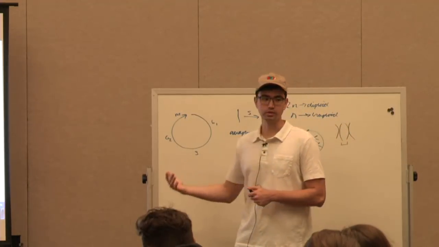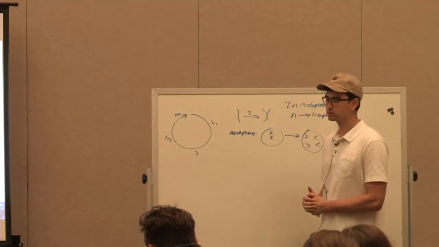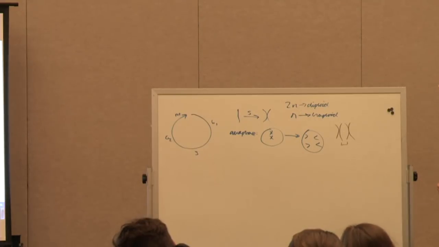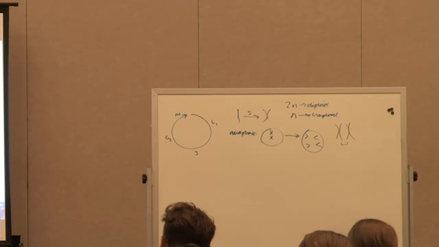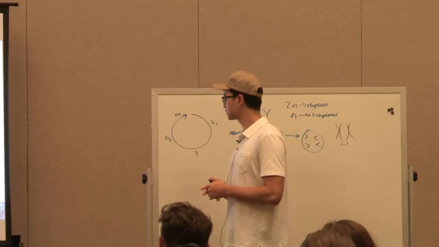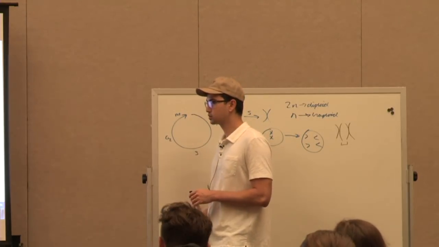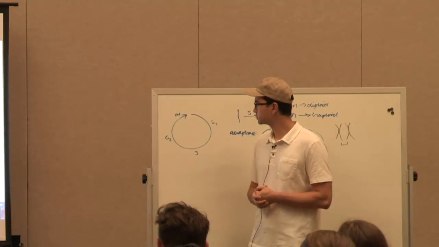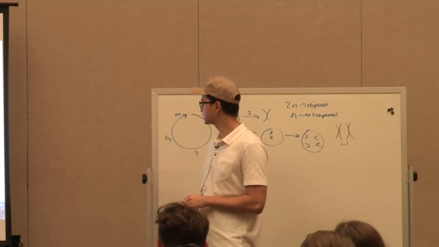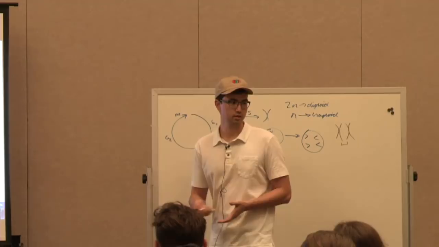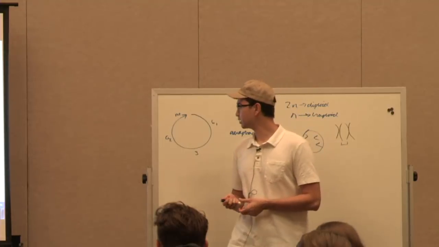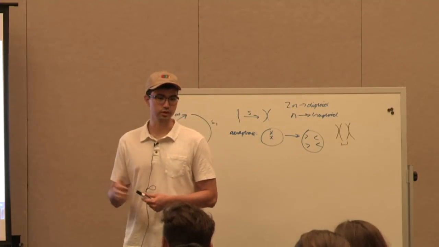So who could define chiasmata? Is it A? It's D. Okay, so it's the area where crossing over occurs, right?